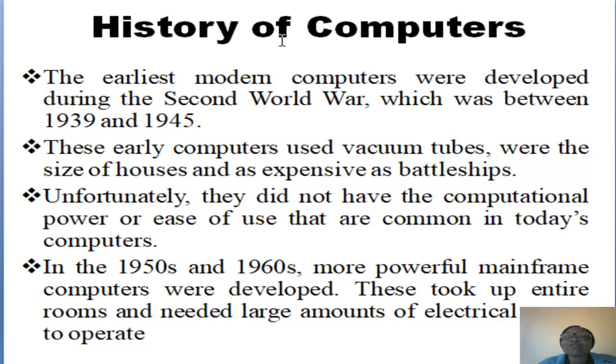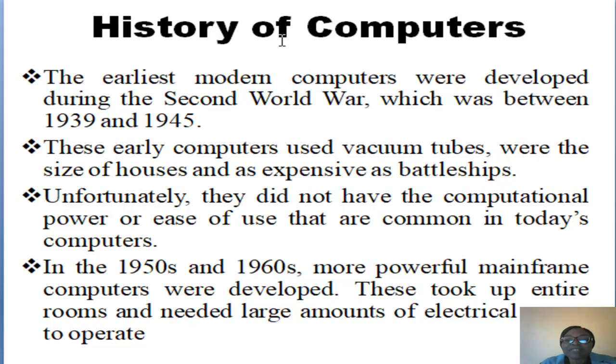They used vacuum tubes. They were very big, the size of our houses, and they were as expensive as battleships. Unfortunately, they did not have the computational power that is common in today's computers.